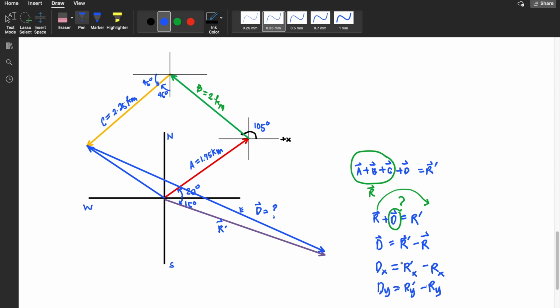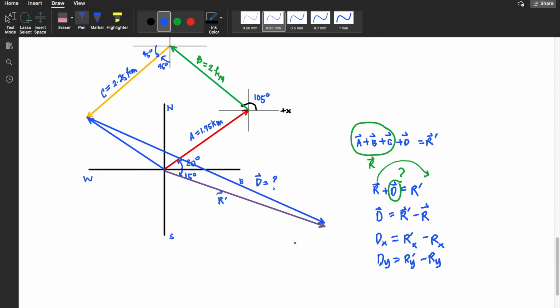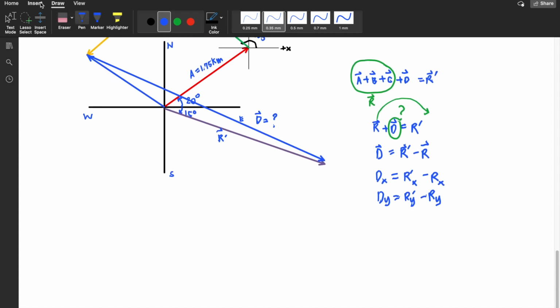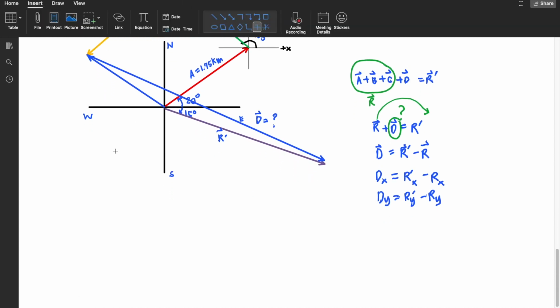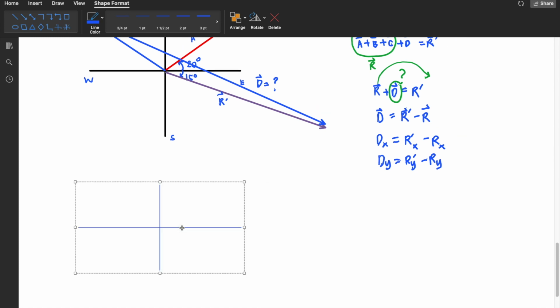So we're looking for Rx prime and Ry prime. We'll use the component method for this drawing, and we'll use a separate drawing for the components so it is not messy. Let's separate R prime vector, so we'll have here 15 degrees.